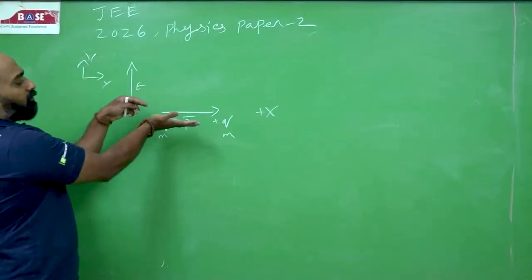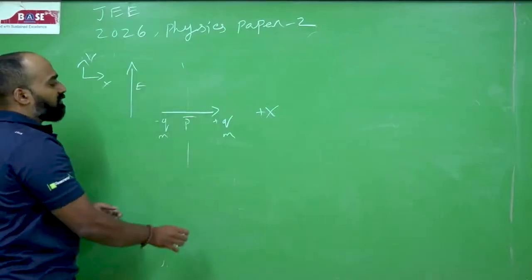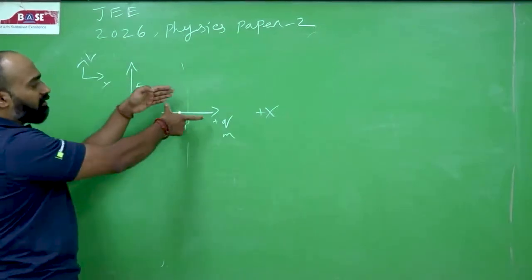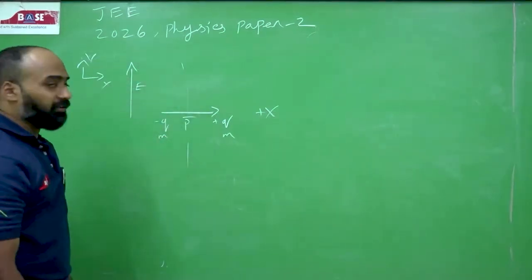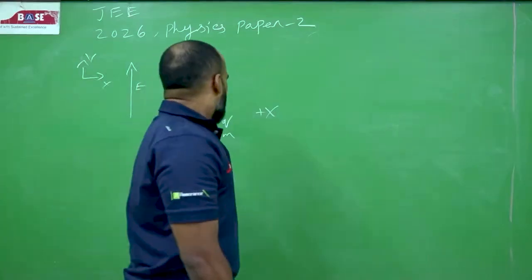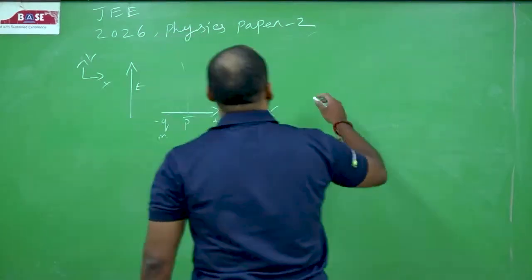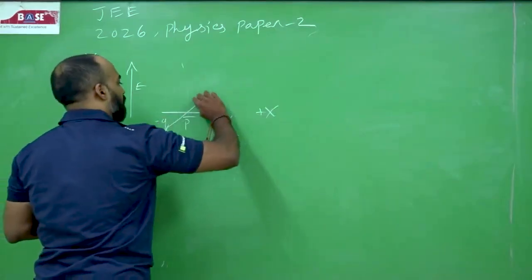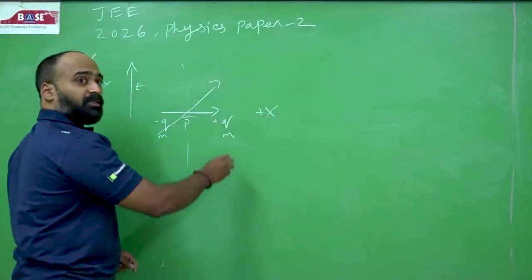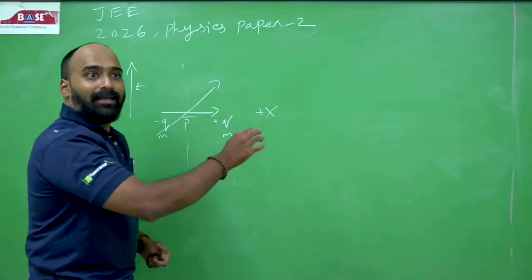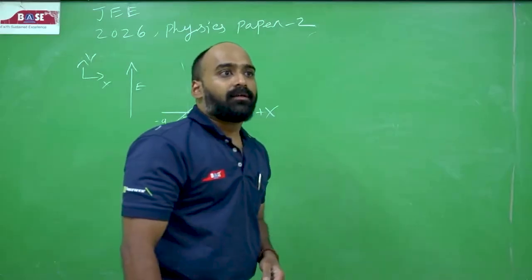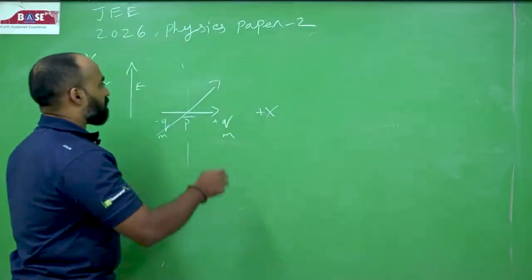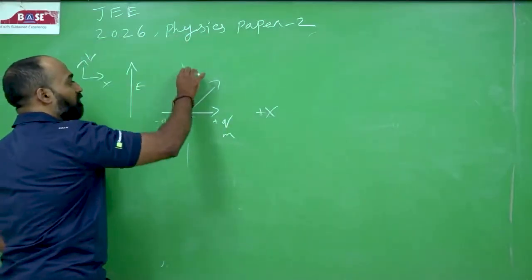X, Y. So the dipole will rotate about its center of mass, and its equal masses through the center, to align along the field. So let's look at the different options. So we'll just write down the angle, which is measured with respect to the x-axis. Theta final is measured with respect to x-axis, and the field is along the y-axis.